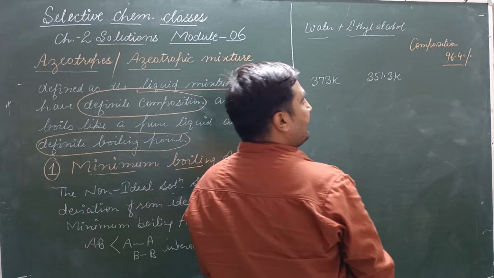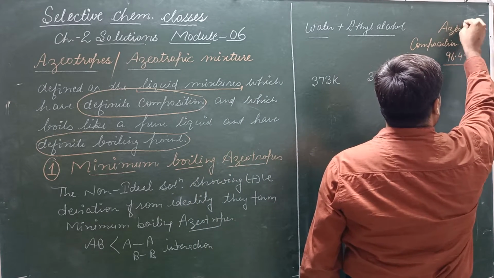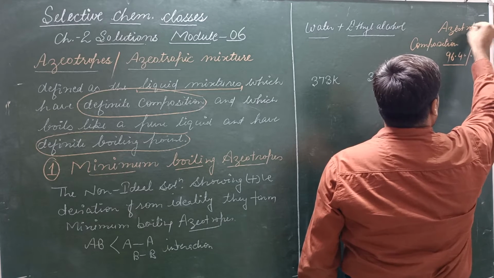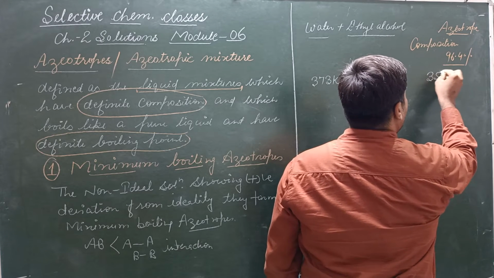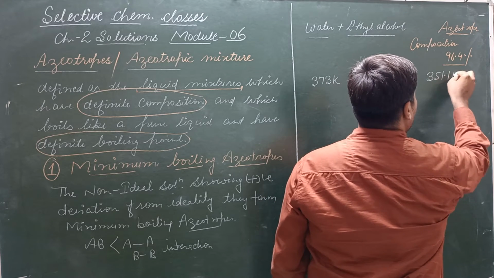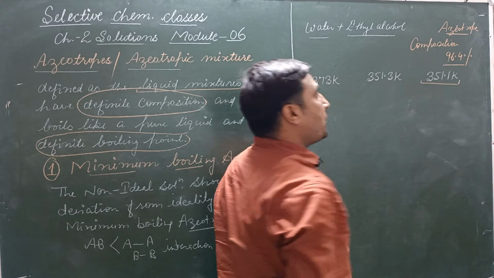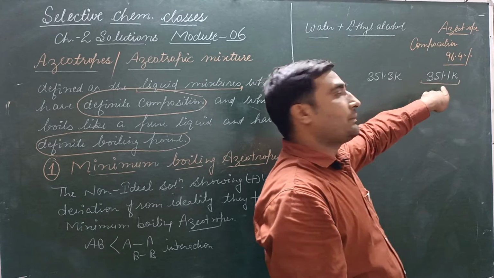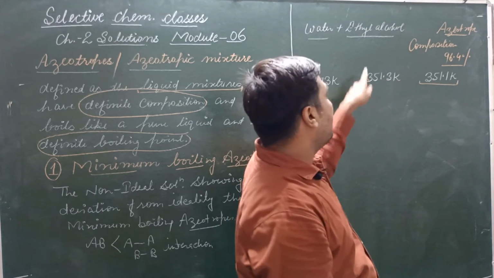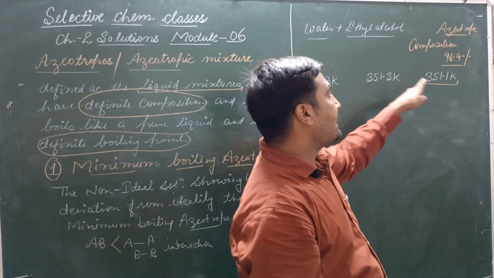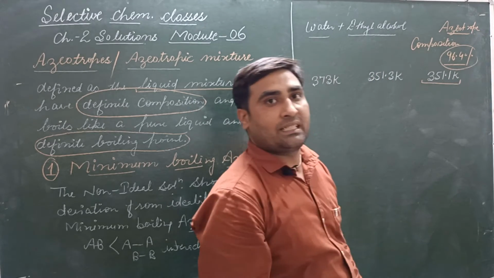And the boiling point of the azeotropic mixture comes out to be 351.1 Kelvin. As we see, the boiling point of this azeotropic mixture is less than both the components, either water or ethyl alcohol, and the composition is fixed, that is 96.4%.